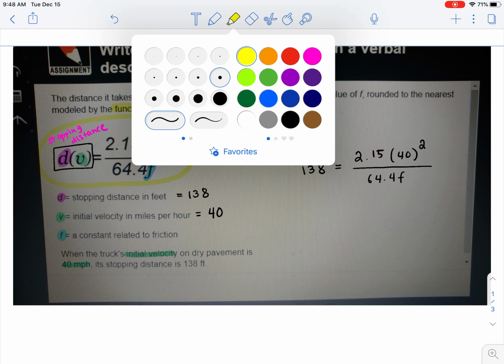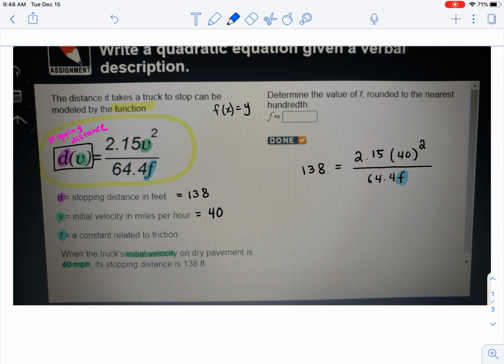And once again, our goal is to solve for this f. So we can first simplify the numerator up here. You can simplify this first. So we have 40 squared.